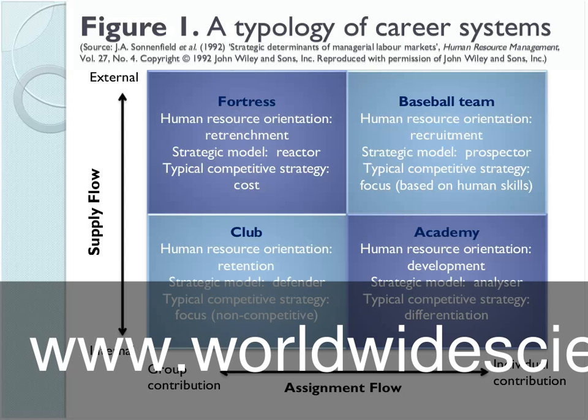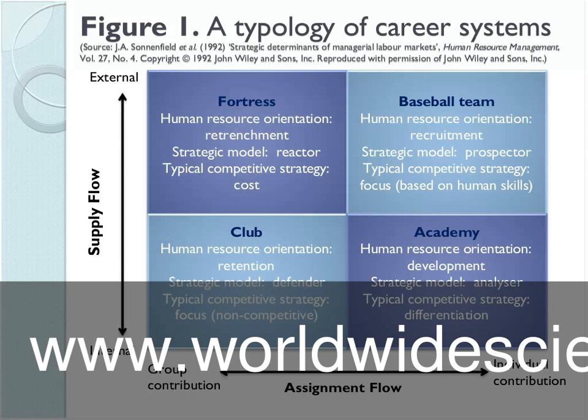And the last one is fortresses. What about the fortress organization? They are concerned with survival and cannot afford to be concerned with individuals in terms of either reward or promotion. They are more likely to depend on external recruitment, for example of managers who meet the needs of a retrenchment or turnaround situation.